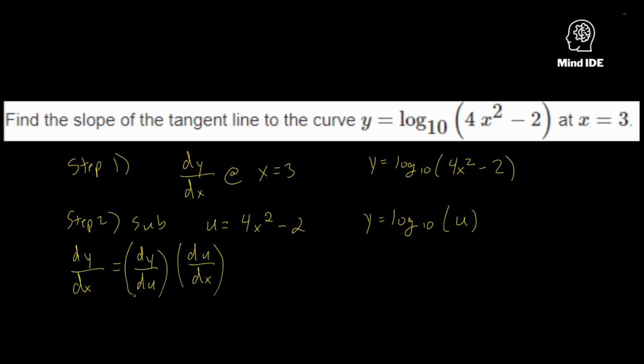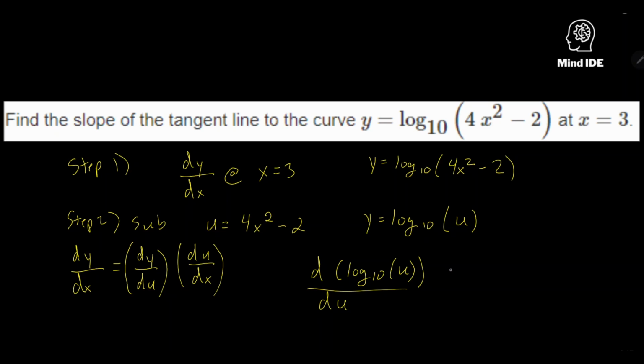Okay, so the first part that we're doing is this dy over du, which is going to be this log base 10 of u, right? So if we go d log base 10 of u over du.